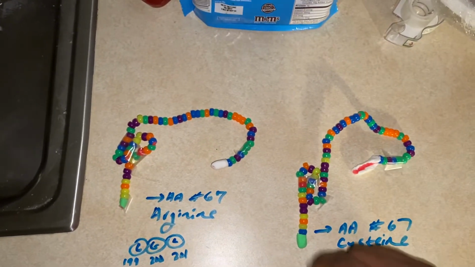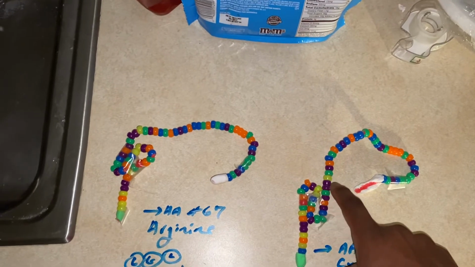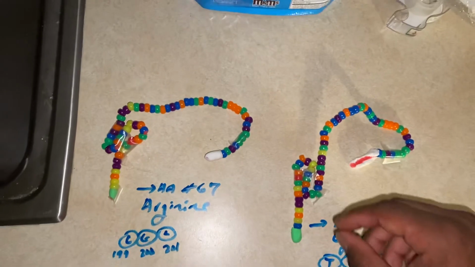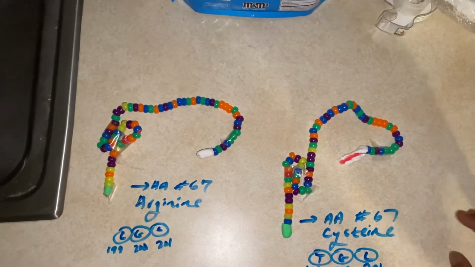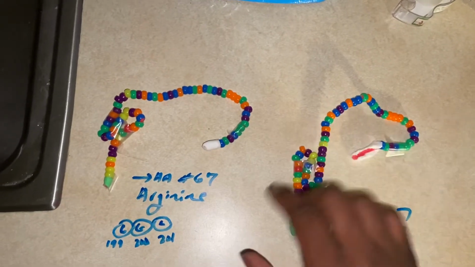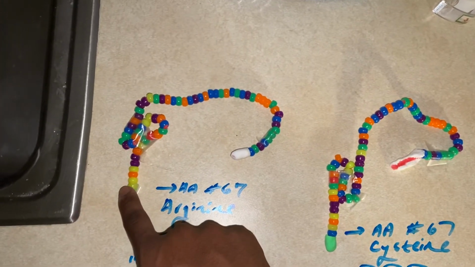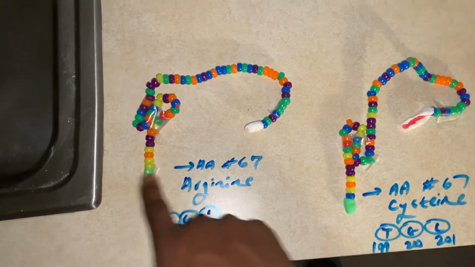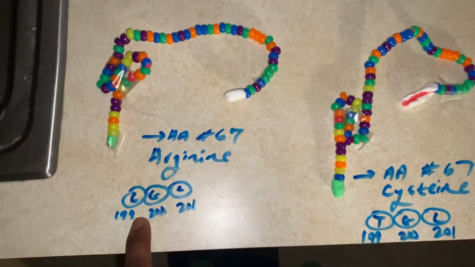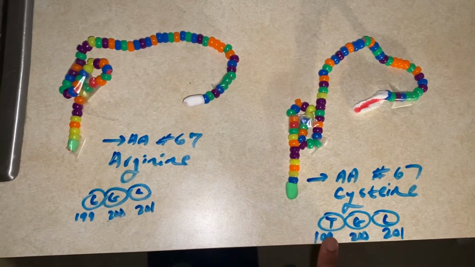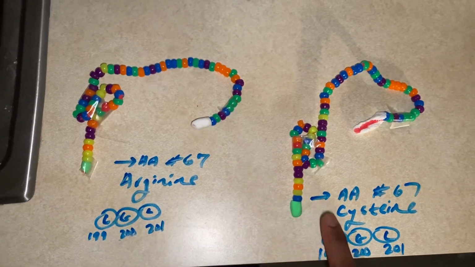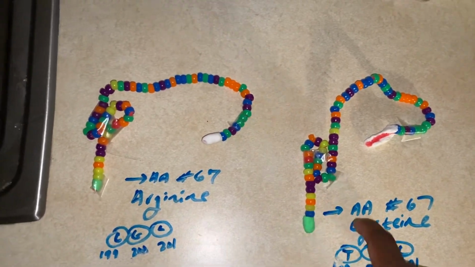The colors range from orange, purple, green, lime green, and then we also have some red, I believe, in there, but it's difficult to see. Each bead is similar on both of the proteins here, except this 67th one, where one is yellow to represent arginine and one is blue to represent cysteine. And I showed it here in marker that it's the 199th nucleotide where the cytosine is displaced by thymine, and that causes the change in amino acids.